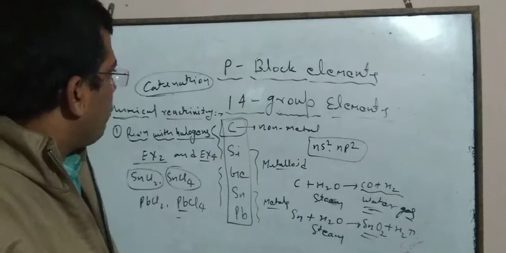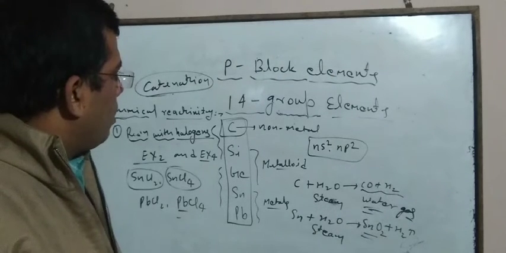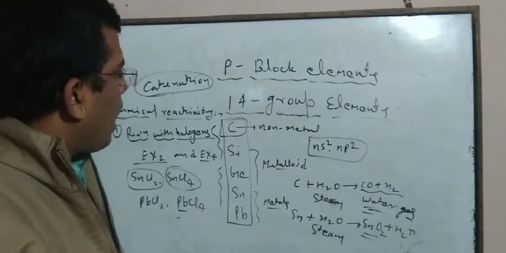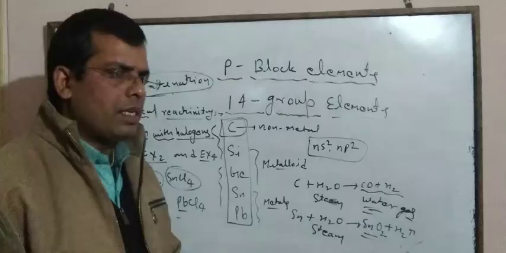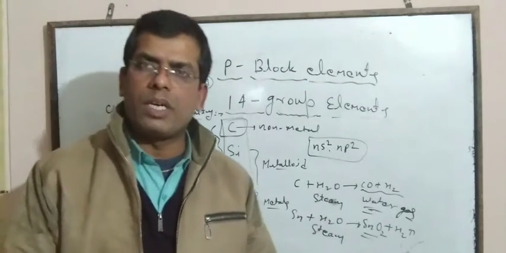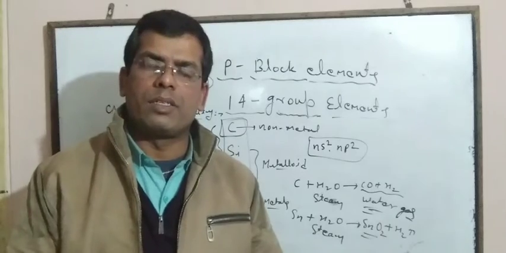Now, we will discuss allotropes of carbon and some important compounds of carbon like carbon monoxide and carbon dioxide.